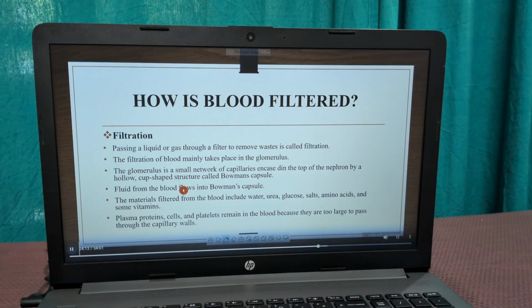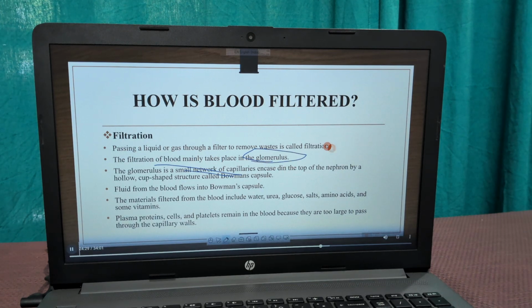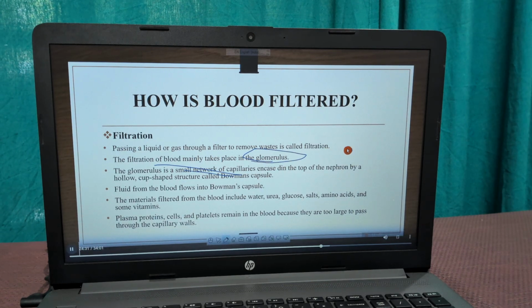Now how is the filtration achieved? The filtration of blood mainly takes place in the glomerulus. The glomerulus is a small network of capillaries. As blood flows into each nephron, it enters a cluster of tiny blood vessels in the glomerulus.